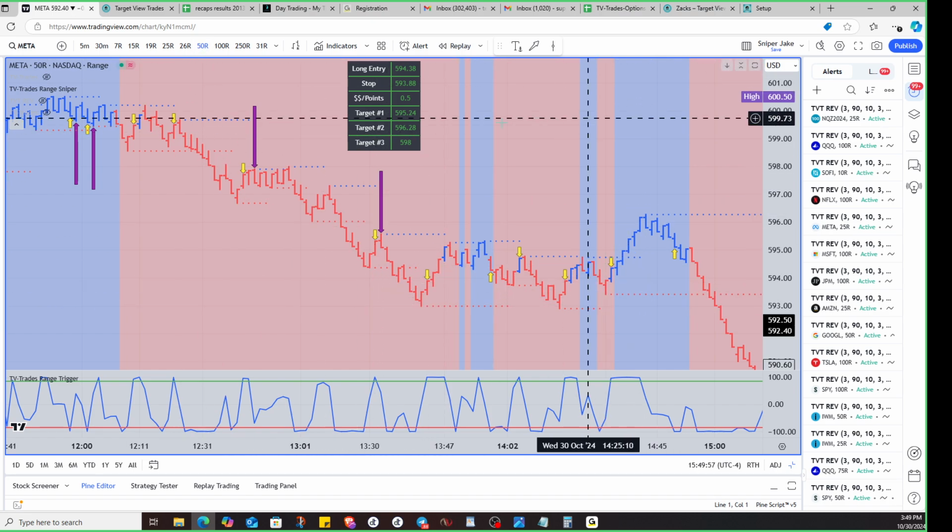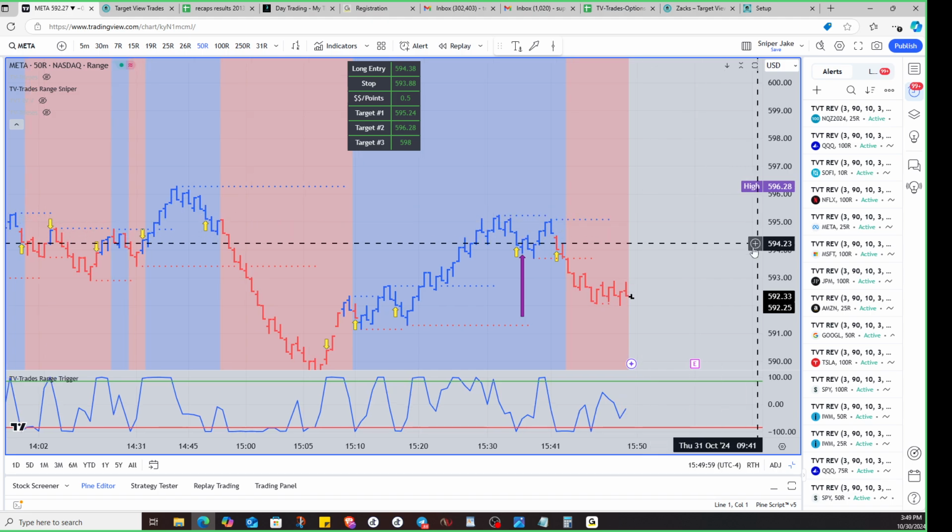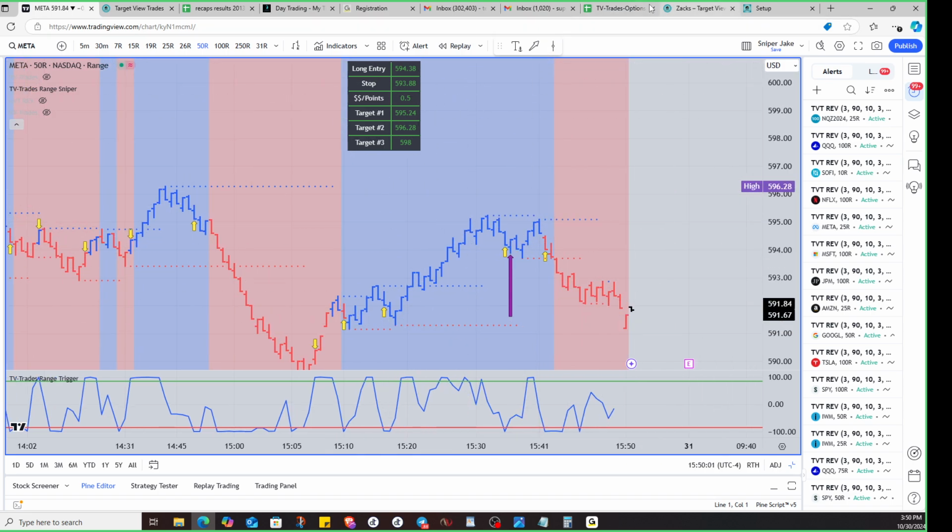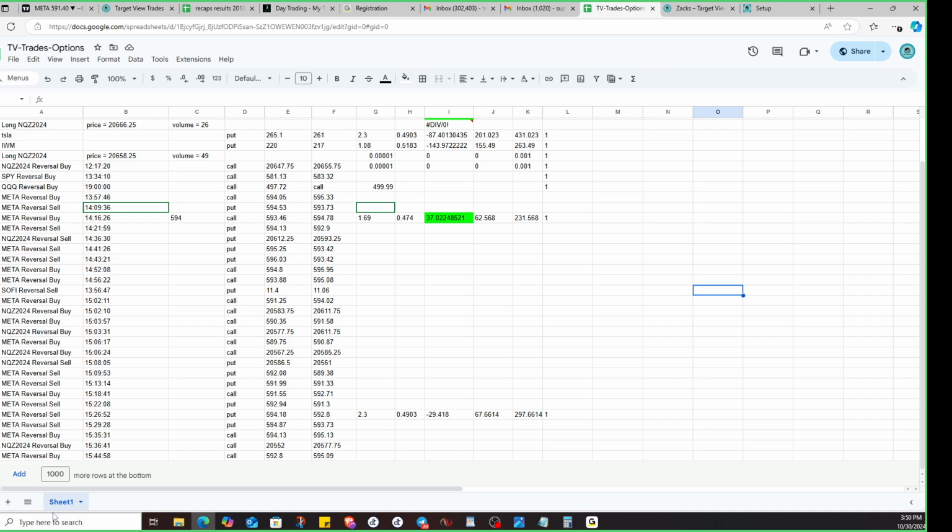Like the Meta stuff, when we had that last one. Well, let me go look at the last one. The last one on Meta reversal buy was right here at 1544. Now we're just going right here at 1550. That's saying buy 592, and expect it to get, well, it's only going a buck is what it's saying, 592 up to 592.83.